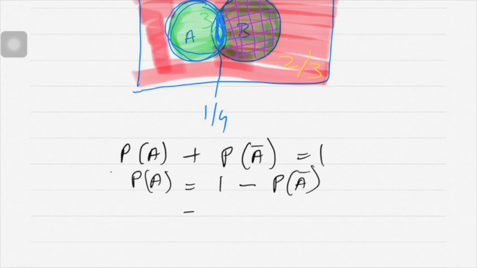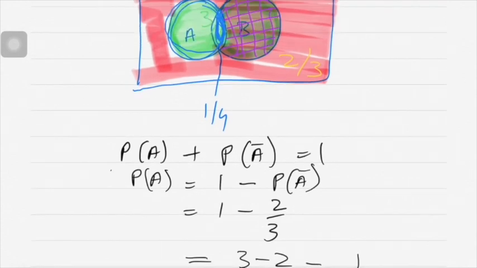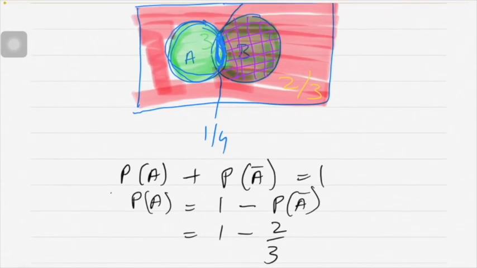P of A is equal to 1 minus P of A bar, and P of A bar is given as 2 by 3. So P of A will be 3 minus 2 by 3, which is 1 by 3. So P of A is 1 by 3.